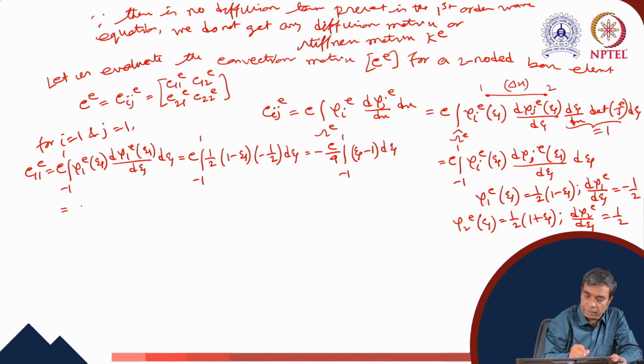After simplification we get minus C by 4 into xi square by 2 minus xi, varying from -1 to 1.